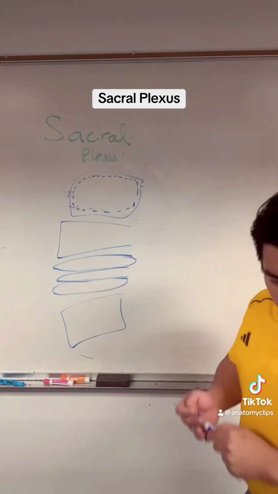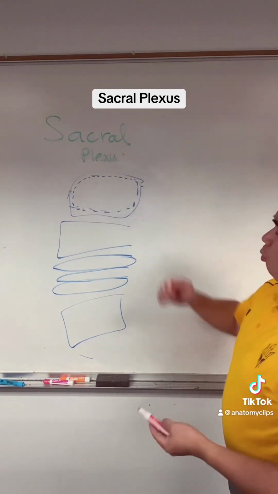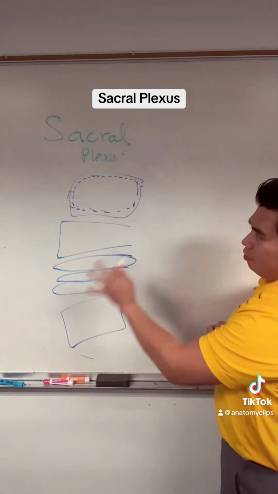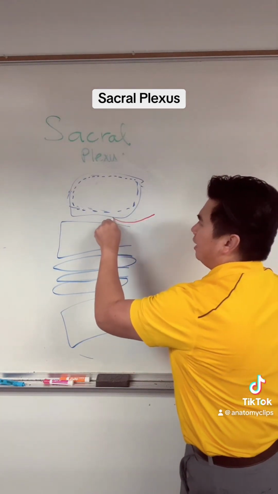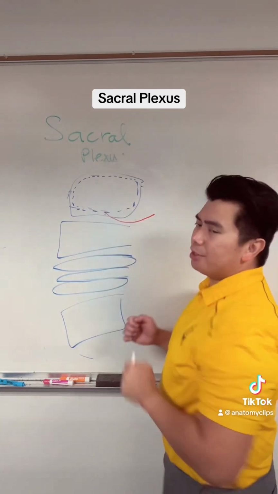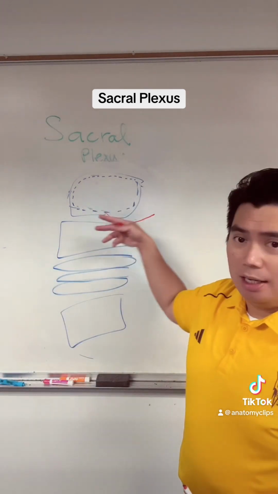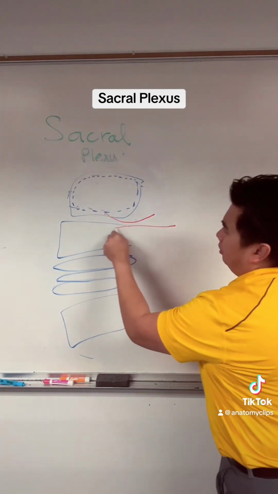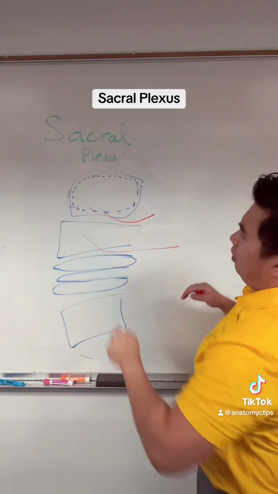So the nerves that will arise from the sacral plexus will be found in any of these areas right here, but the superior gluteal nerve will be sandwiched in between the gluteus medius and minimus. So we won't be able to see that. You just kind of see there should be 2 branches coming out, and the other one is going up like that.